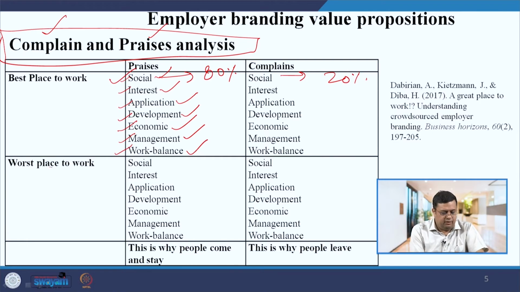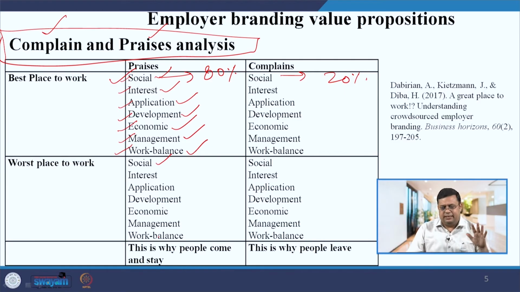In the same way, you can see the worst place to work and its percentage, and the best place to work and its percentage, because these are the reasons for which people leave the organization. Accordingly, you need to decide for which reasons employees are praising your organization and for which reasons they are making complaints.